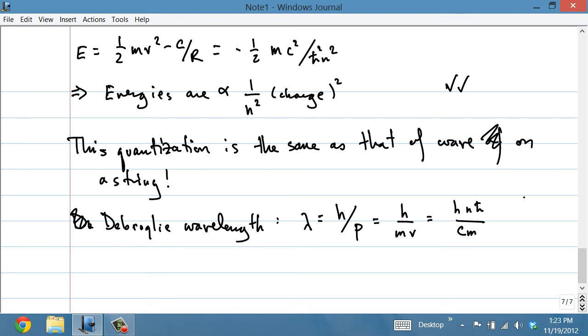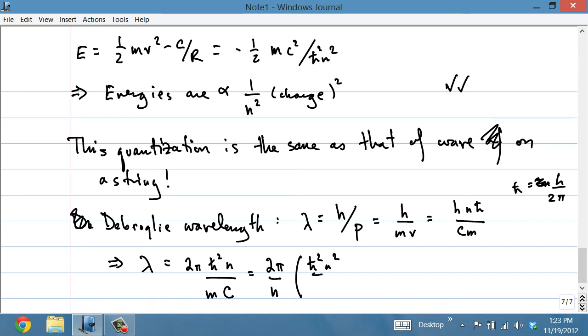And remembering that h bar is h divided by 2 pi, we can write this as lambda is equal to 2 pi h bar squared n over mc, or 2 pi divided by n times h bar squared n squared over mc.